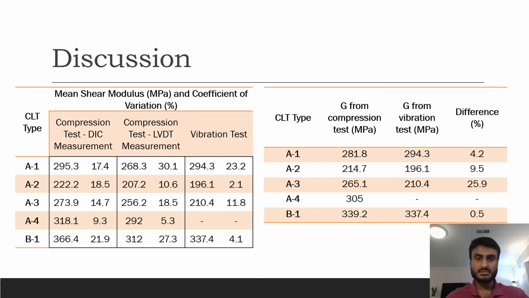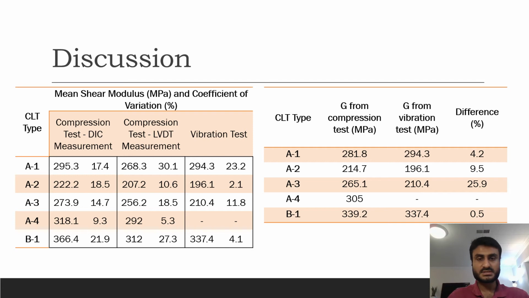In the right table, the G values from the compression test are expressed as the average of the DIC and the LVDT measurements. For the A1 type CLT, the shear modulus values from DIC measurement were closer to the corresponding shear modulus values from the vibration test. For the A2 type CLT, the shear modulus values from both DIC and LVDT measurement showed an overall good agreement with the shear modulus values from the vibration test.